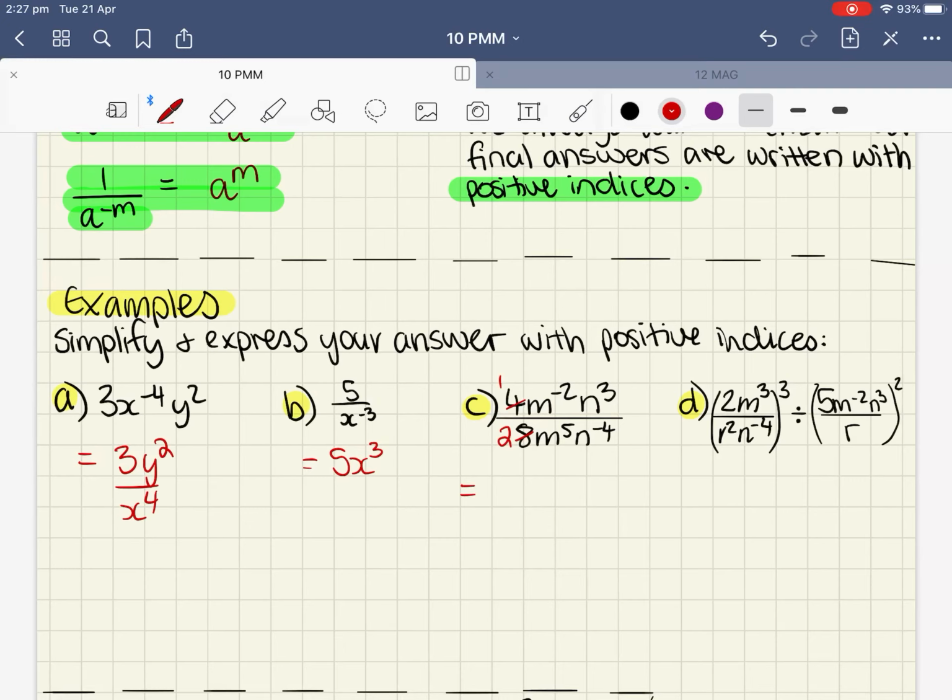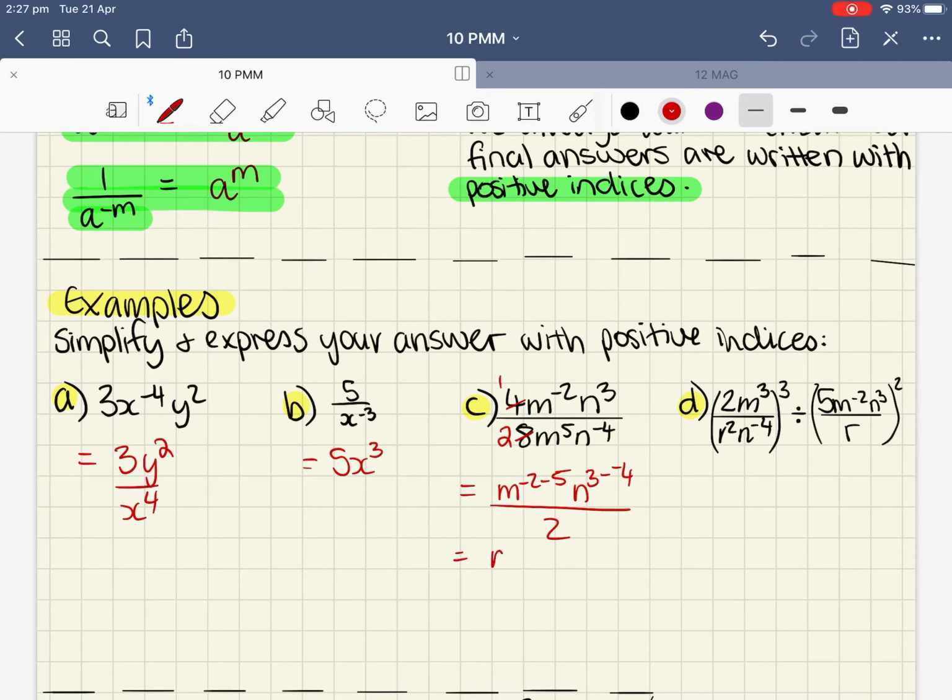And then on the next line, guys, what we can do is we can say m minus 2, and we can just use our division index law and write m minus 2 minus 5, because there's a division fraction bar in here. Minus 5, n 3 minus negative 4, all over 2.